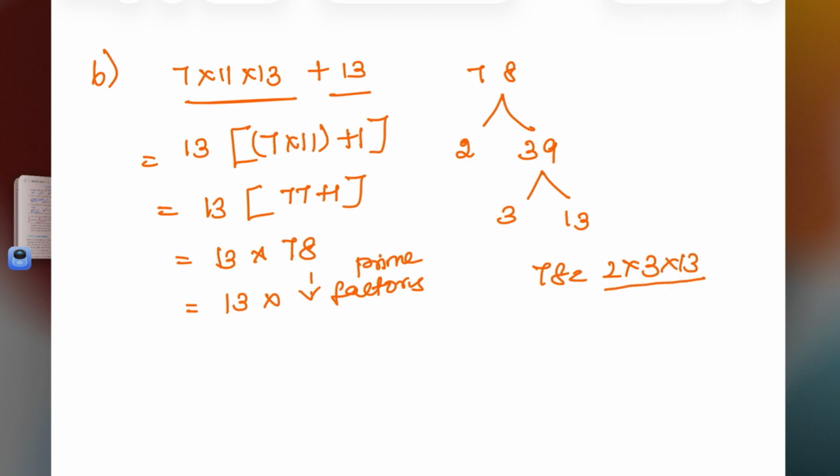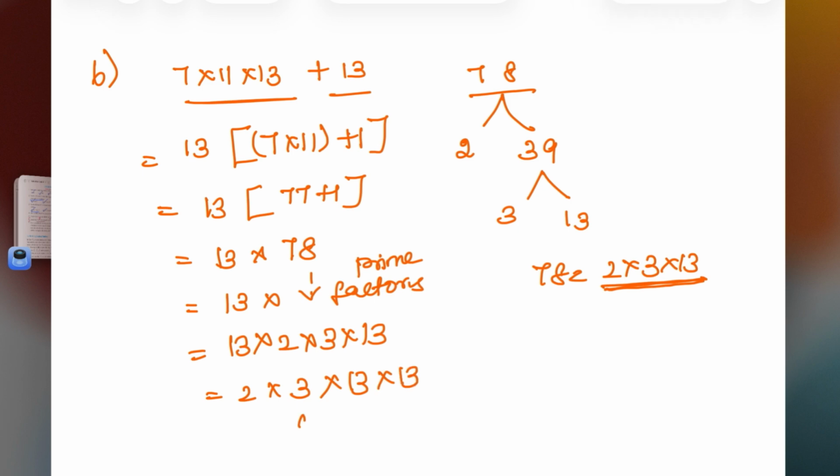So this 78 we can break into its prime factors. What we get is 13 into 2 into 3 into 13. This we can rearrange and write as 2 into 3 into 13 into 13, or 2 into 3 into 13 square.